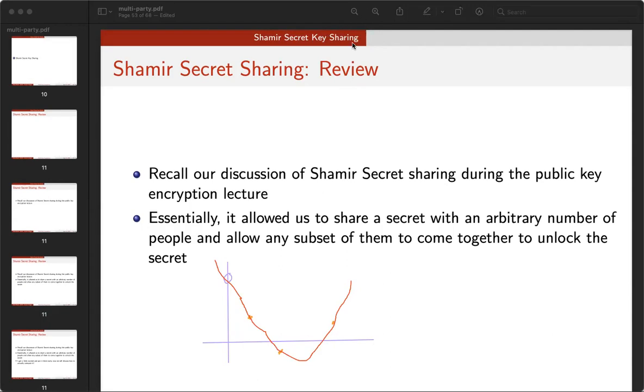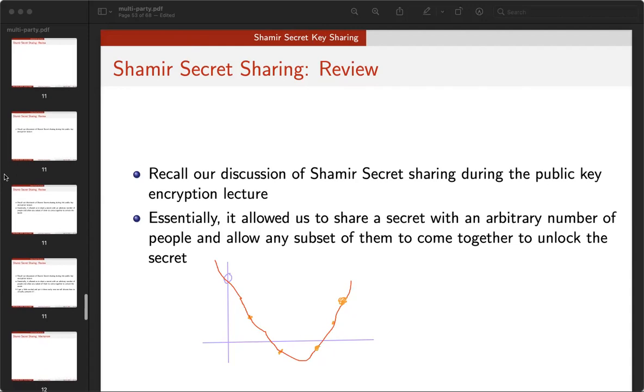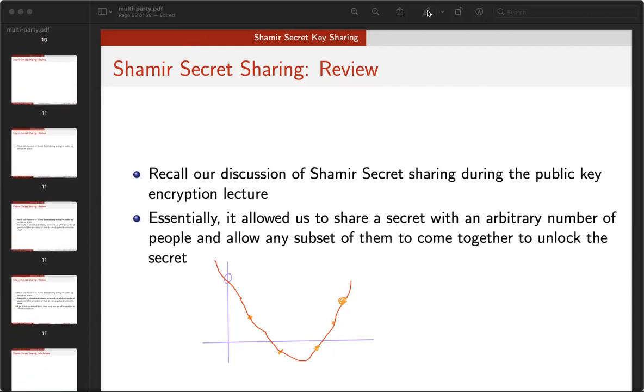And what was cool is you could have like 4 or 5 people in on the secret, and only 3 of them need to come together to unlock the secret. And that party of 3 can actually reissue the keys if they want to, which is kind of exciting. So I think that's really cool.